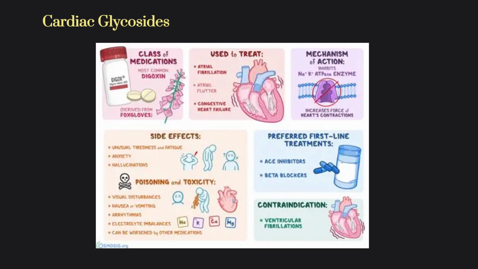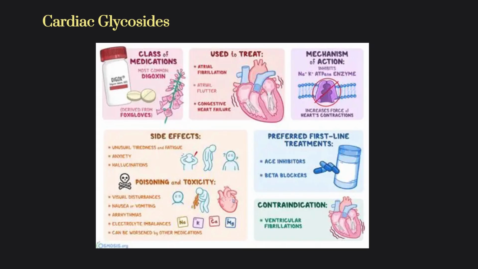They may have visual disturbances, so they can see like a yellow halo around a light. And that is one of those things I remember when I was in nursing school learning about digoxin, and that sounded crazy to me, first of all, because I've never heard anybody say that. And so I'm like, I am going to remember the yellow halo over the light.